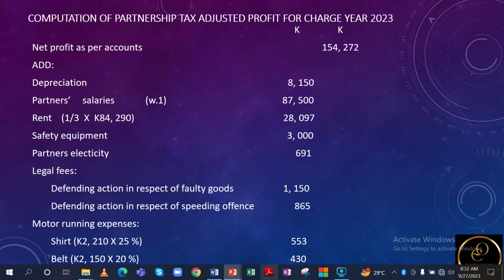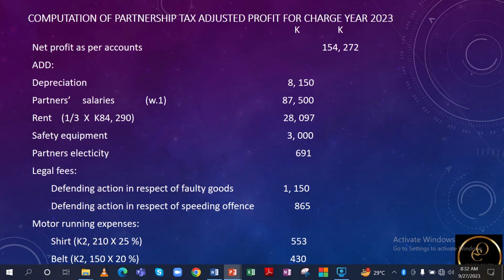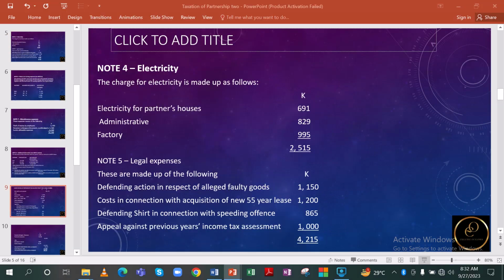Okay, so we have 1,150, and also defending action in respect of speeding offense. Let me just include this one.